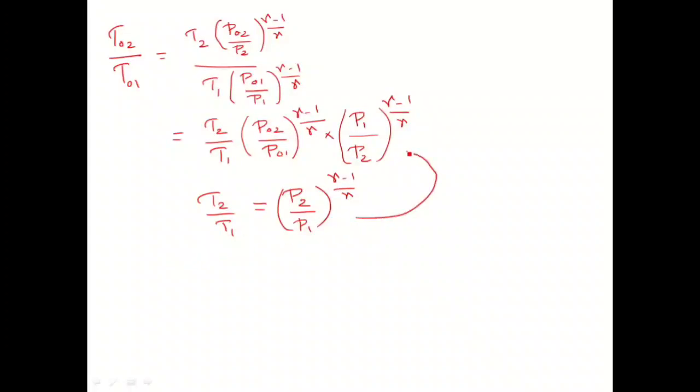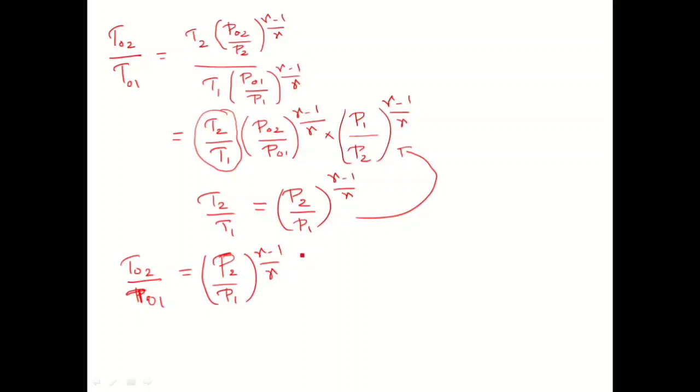So substituting this equation here, T02 by T01 equals, instead of T2 by T1, P2 by P1 all raised to gamma minus 1 by gamma into P02 by P01 raised to gamma minus 1 by gamma into P1 by P2 all raised to gamma minus 1 by gamma.